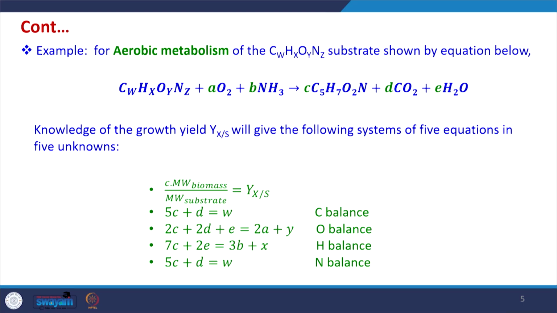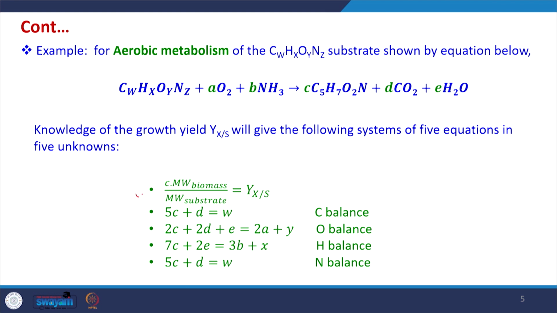So, this is how we can relate them. For example, for aerobic metabolism, the reaction given earlier with CwHxOyNz as substrate is shown here, and we can see the a, b, c, d values. Now, we have 4 equations we can write, based upon the growth yield.